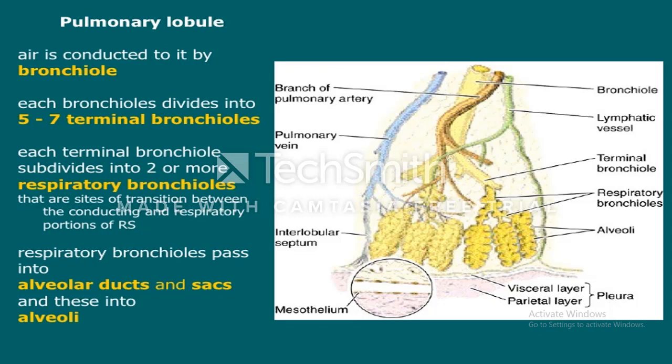And go to the alveolar duct. The alveolar duct has mucosa. This mucosa has simple squamous cells, supported by lamina propria and muscle.